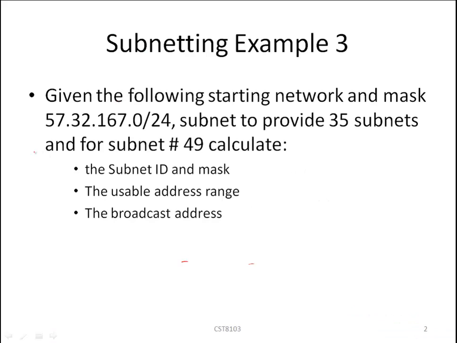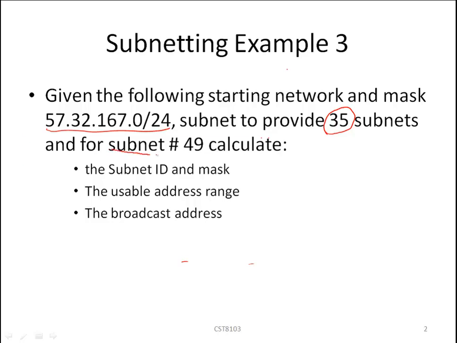In this example, you are given the following starting network and mask: 57.32.167.0/24, and you are being asked to subnet to provide at least 35 subnets. Once you've subnetted, you are asked for some additional questions.